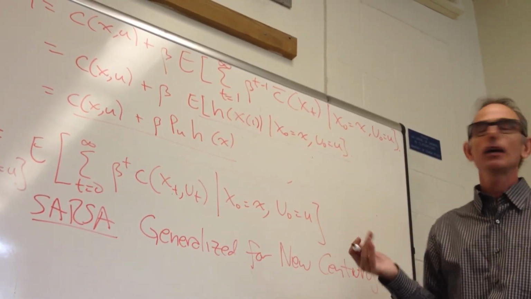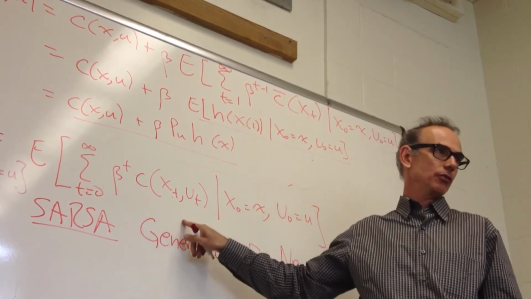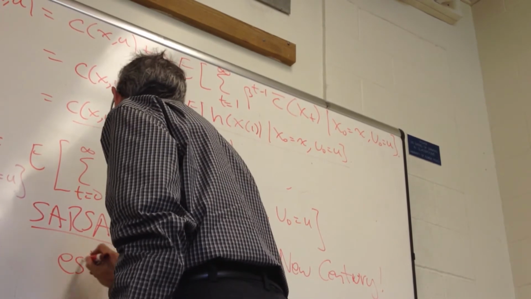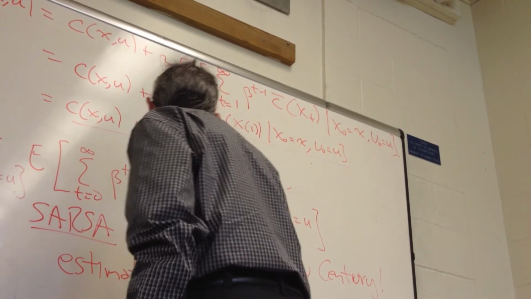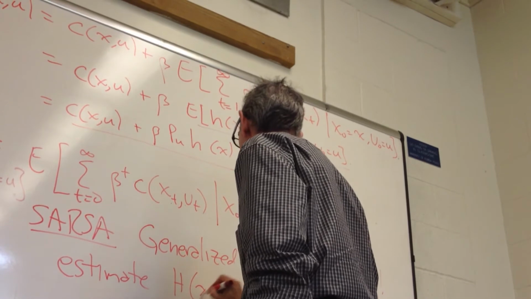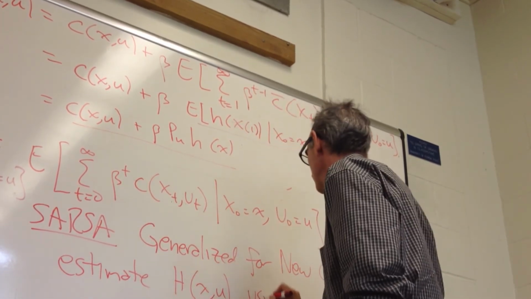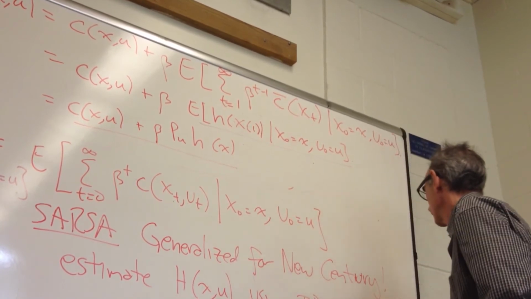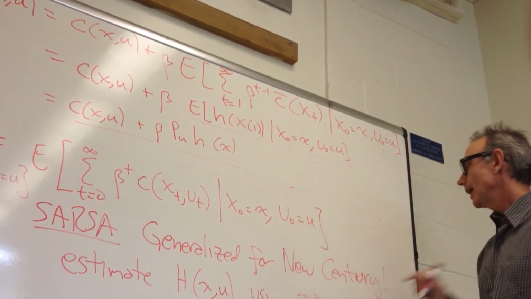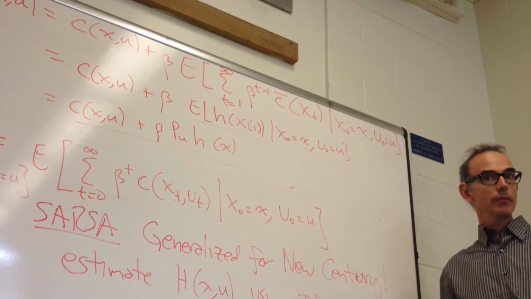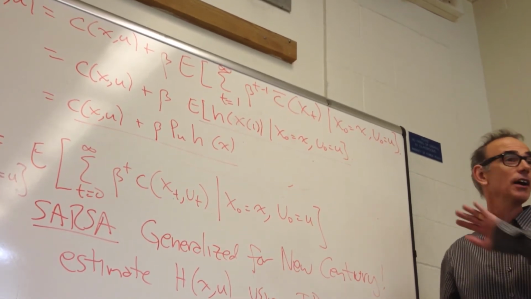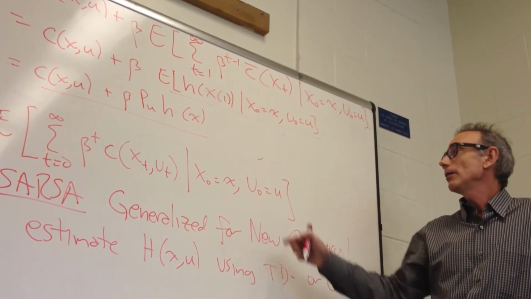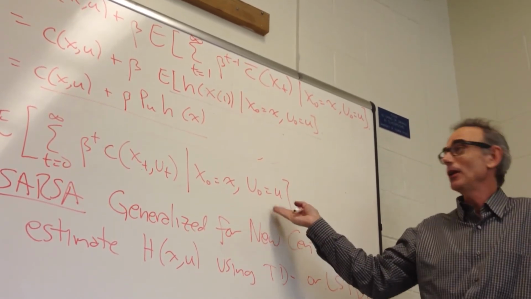Sarsa just means estimate h using any technique you like. In the original algorithm, they used TD, or what's called TD lambda, which I refuse to talk about. But anyway, this is just a value function.